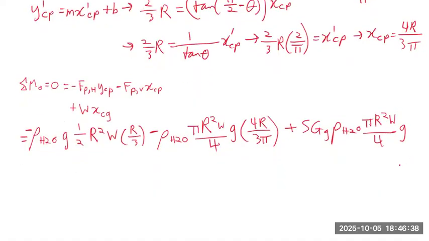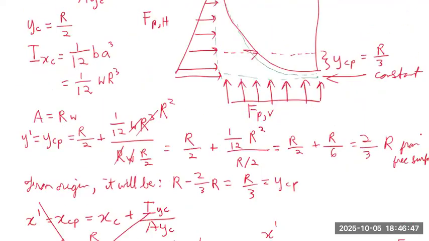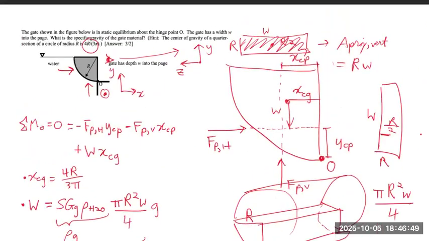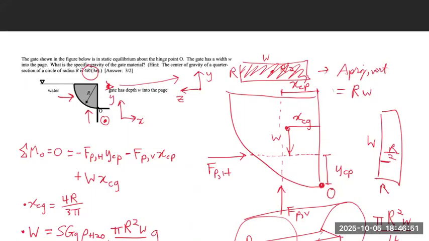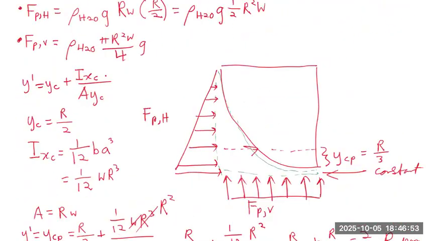And then XCG is also 4R over 3 pi, because the center of gravity over here is given as 4R over 3 pi.